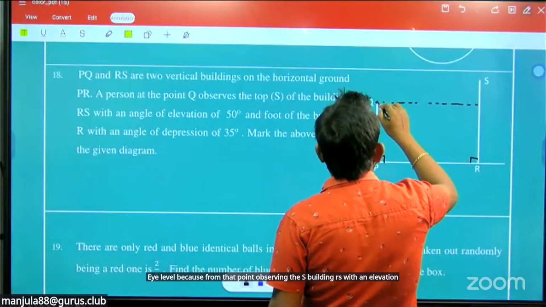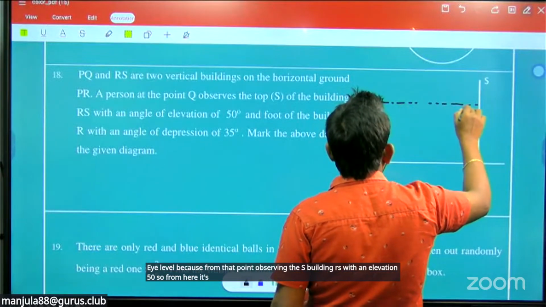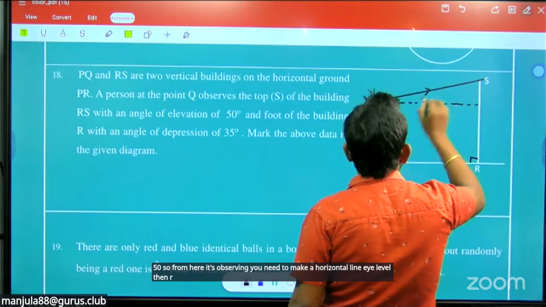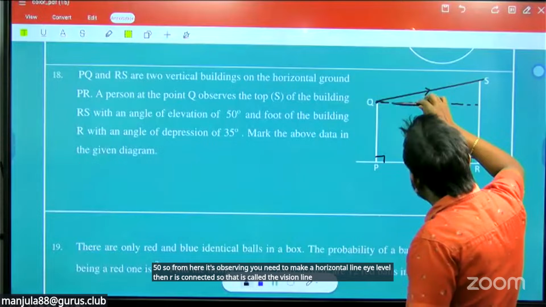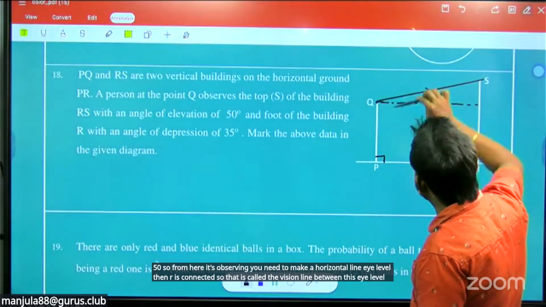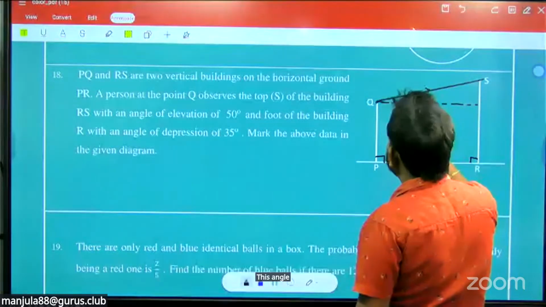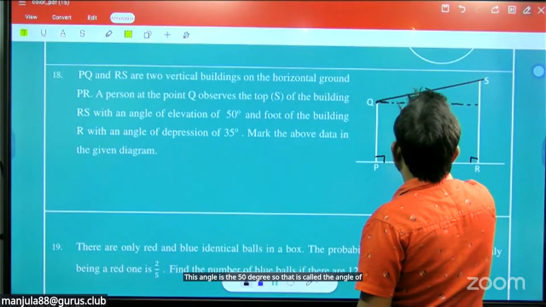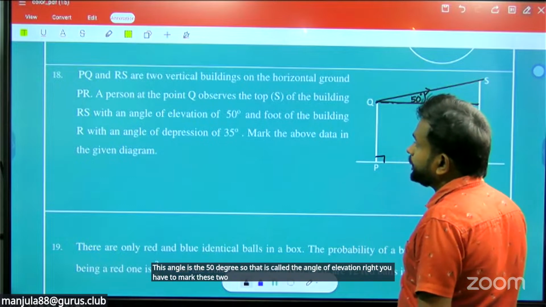So from here it's observe, meaning you need to make a horizontal line, eye level, then R is connected, so that is called the vision line. Between this eye level and the vision line, this angle is 50 degrees. So that is called the angle of elevation, right? You have to mark these two pieces of information there.